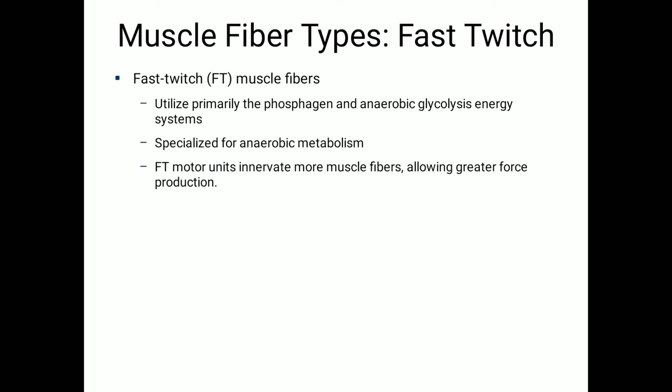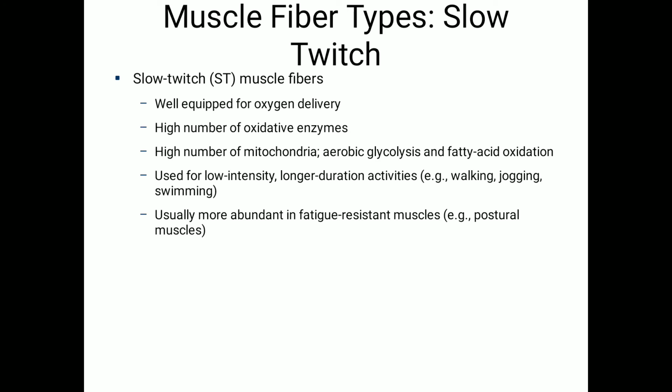They are specialized for anaerobic metabolism, and fast twitch fibers innervate more muscle fibers, allowing greater force production. So greater force, whereas the slow twitch fibers are well equipped for oxygen delivery.